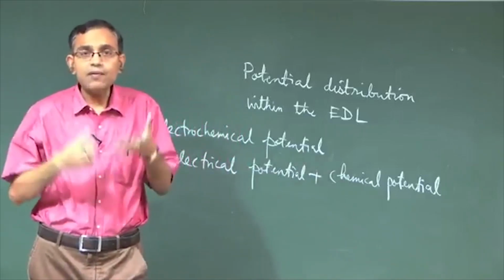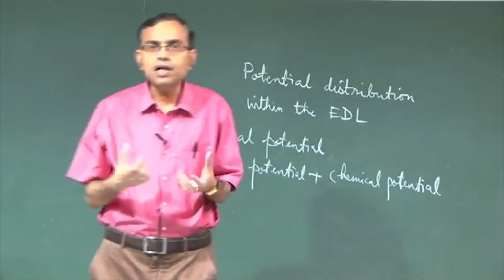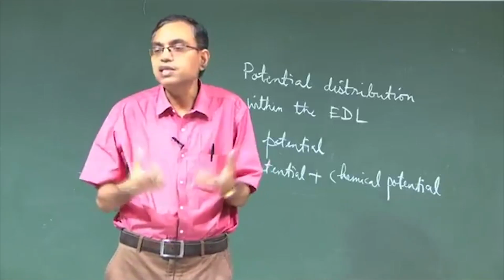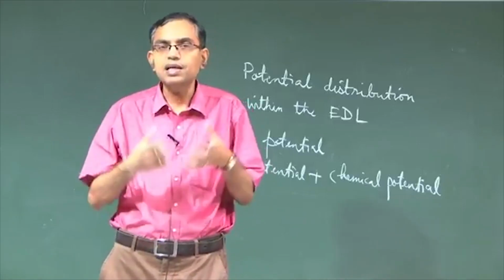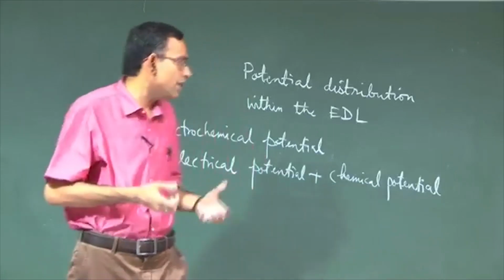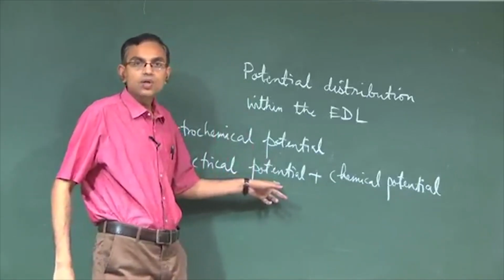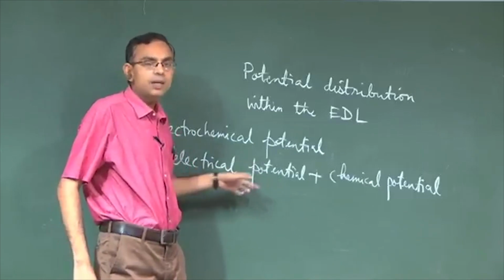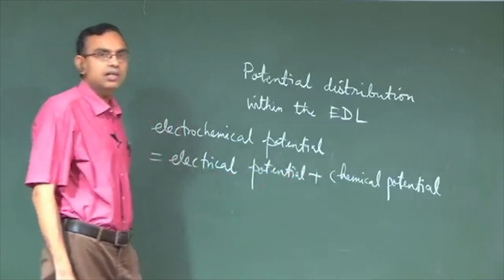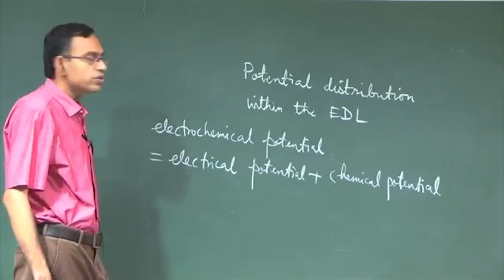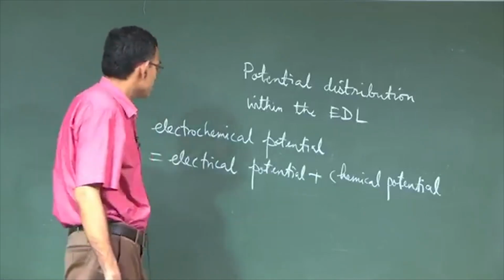Now, in this system you have ions. Ions are not just chemical species, ions also have charges. Because they have charges, they respond to electrical field and they have an additional potential, which is electrical potential. So, the combination of electrical potential and chemical potential is known as electrochemical potential.